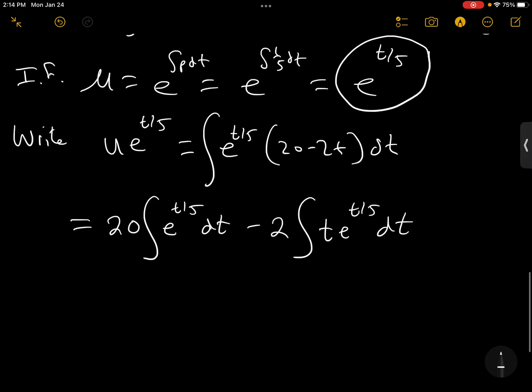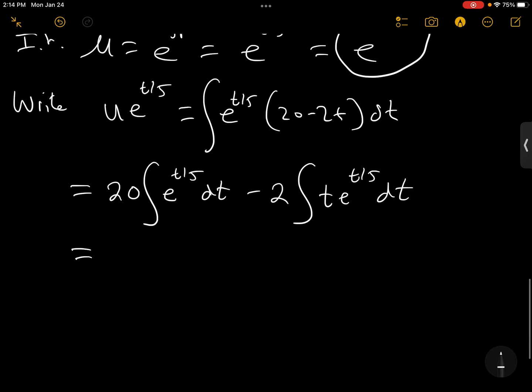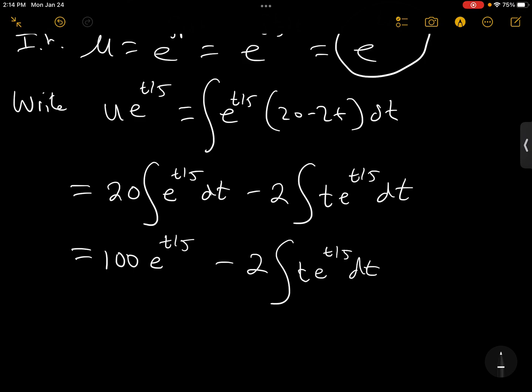Okay, this first integral is not bad. When you flip the 1/5, you get 100 e to the t over 5. We'll deal with the constant at the end. Okay, this guy takes an integration by parts. So let's see, you let u be t, dv is e to the t over 5 dt, du is dt, and v is 5e to the t over 5.